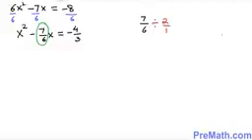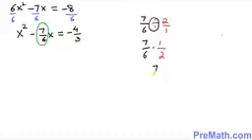So 7 over 6, and this division sign we want to convert into multiplication. When you convert it into multiplication, you have to flip this one over, so it becomes the reciprocal, 1 over 2. That's going to give you 7 over 12.